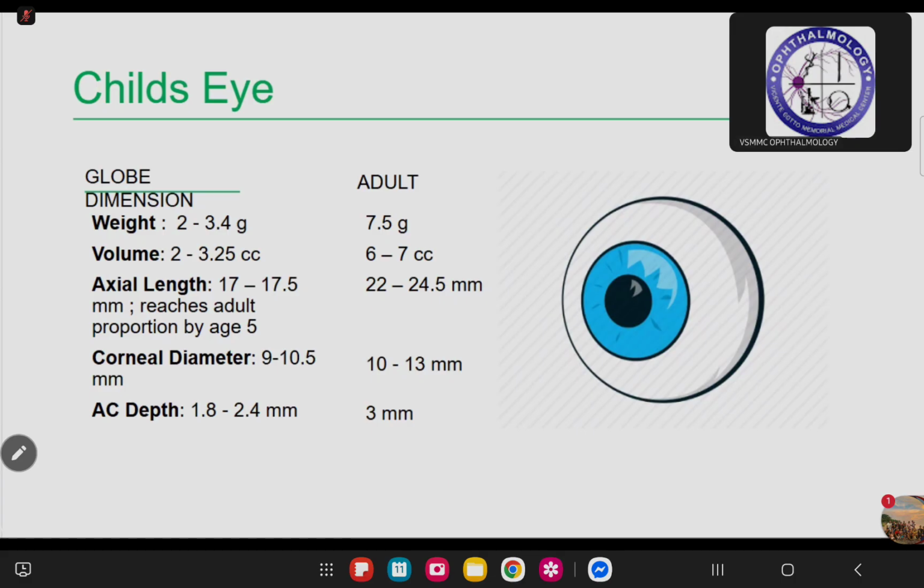The axial length, of course, is smaller, 17 to 17.5 millimeters, and it reaches adult proportion by age 5, which is around 22 to 24.5 millimeters. For the corneal diameter, it's normal to have 9 to 10.5 millimeters as compared to the adult size of 10 to 13 millimeters. The anterior chamber depth is 1.8 to 2.4 as compared to the normal adult of 3 millimeters.